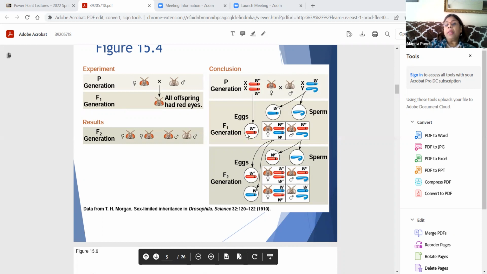When he crossed it, the eggs and the sperm, he obtained the female with the red eye, which was the normal wild type, and the male with the mutant variety. And that's what you can obtain in the cross. And finally, in the F2 generation, we saw here that in the F1, all had red eyes.